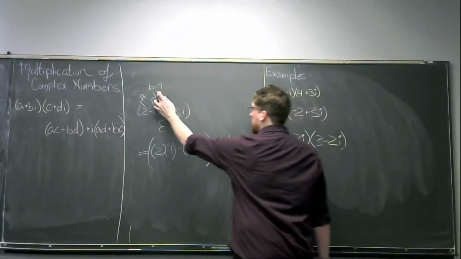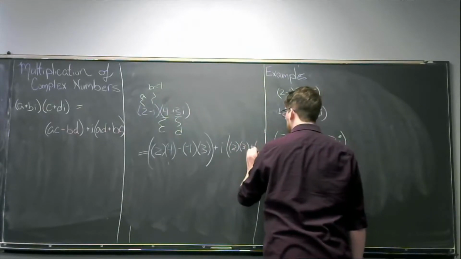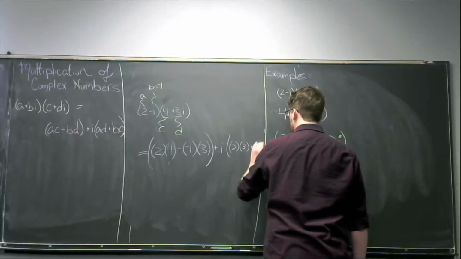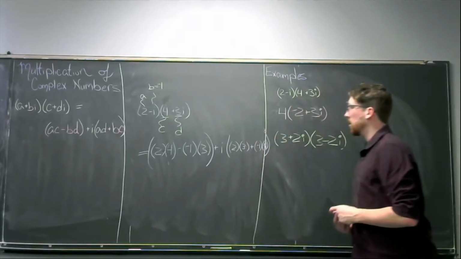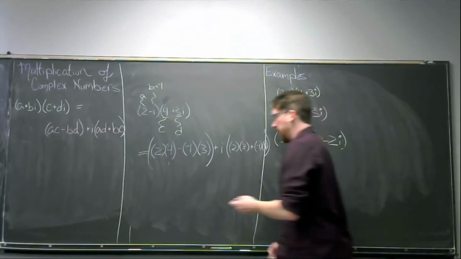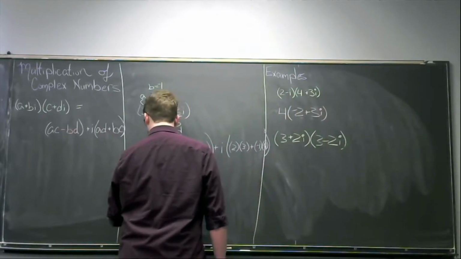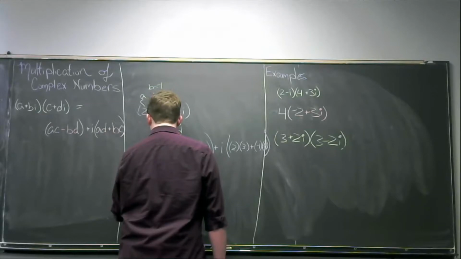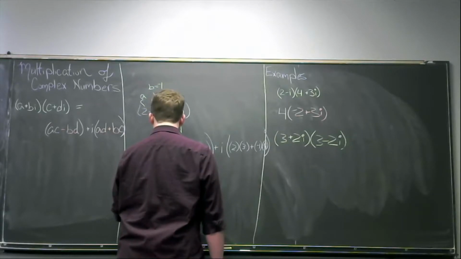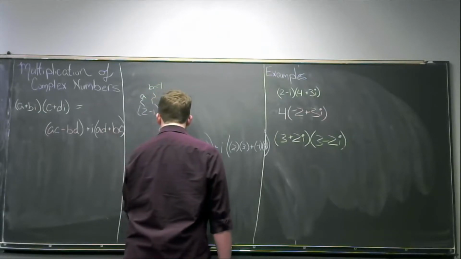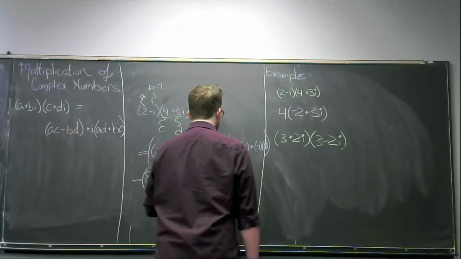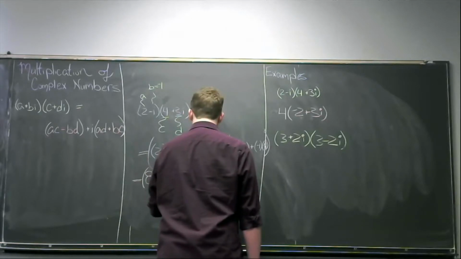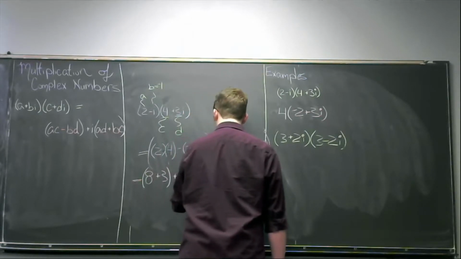So that's going to be -1 times 4. So all of this is going to come out to be 8 plus 3 plus i times 6 minus 4.